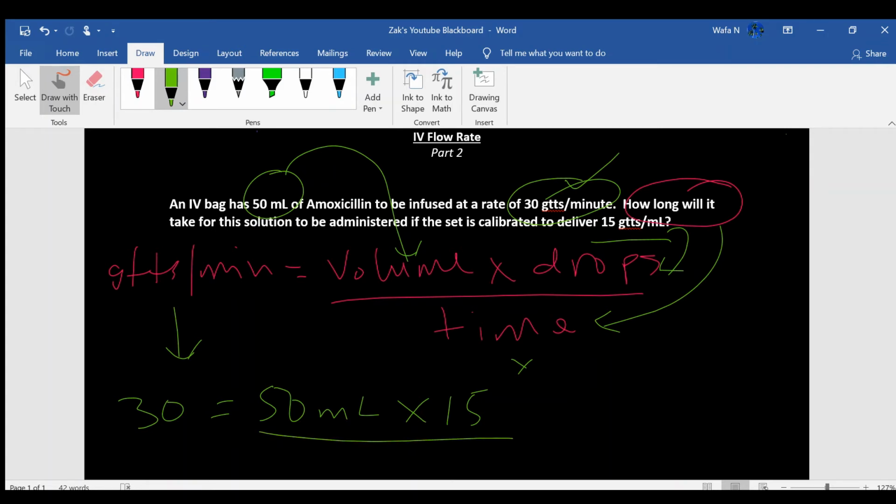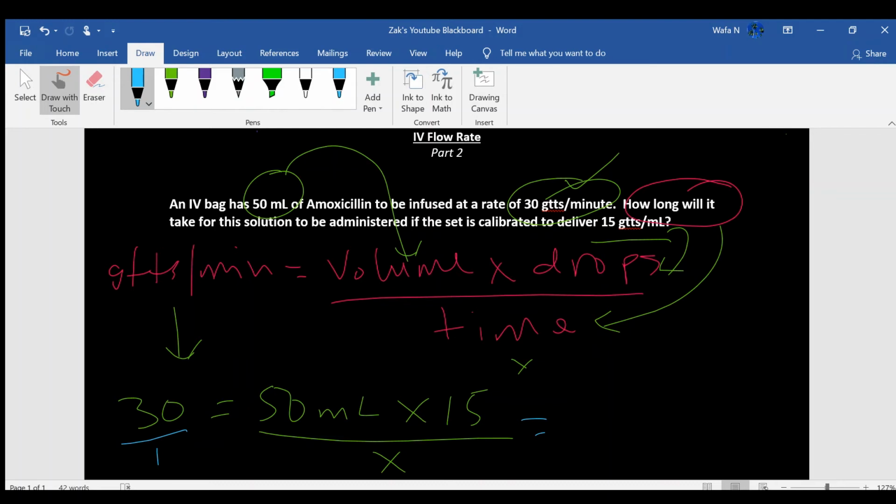The time is what we're looking for, so that has to be considered x. With that, let's go and solve our problem. Now that this is set up, we can put 1 here if we want to do the cross multiplication. It's just an imaginary 1, but it helps us do the cross multiplication more effectively.